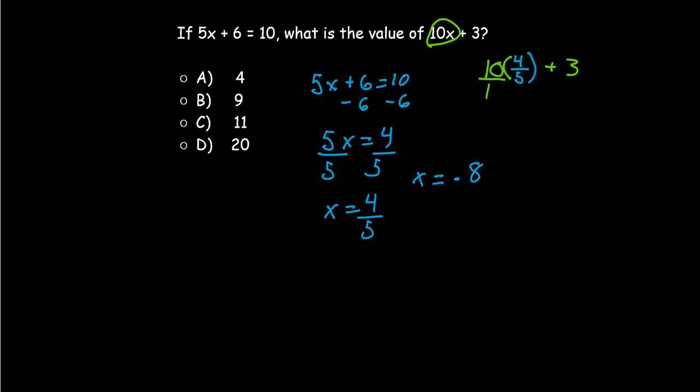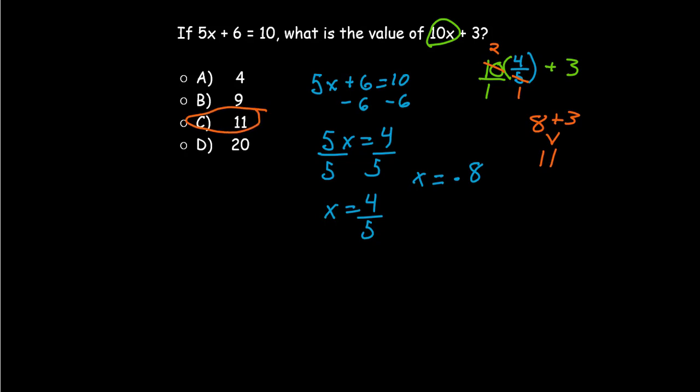Now let's determine the cross products. The cross product between 10 and 5 is just 5, so I can cross this out and make this 1. This will be 2 up top, so this becomes 2 times 4, which is 8. 1 times 1 is 1. So 8 + 3 gives us 11. That's our answer for this one.